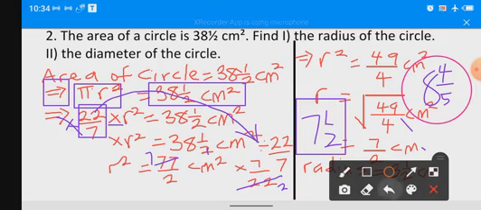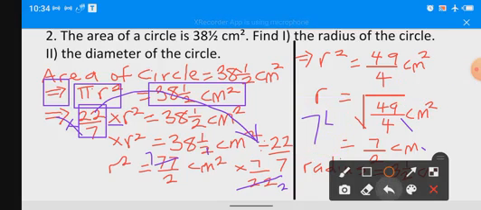Now let's continue from where we stopped. When we change 38 and a half to improper fraction, 2 times 38 gives us 76, plus 1 gives us 77, over 2. That is an improper fraction.